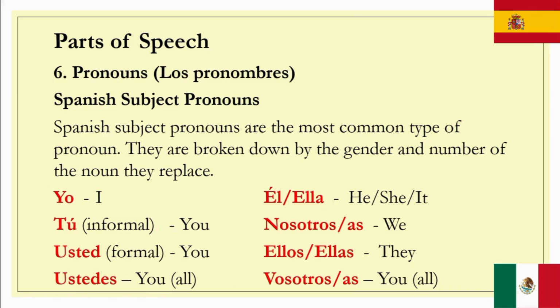We have also third person singular, él, ella, for he, she, and it. Él, ella. We, that's first person plural or a mixed group that includes you. Nosotros or nosotras.